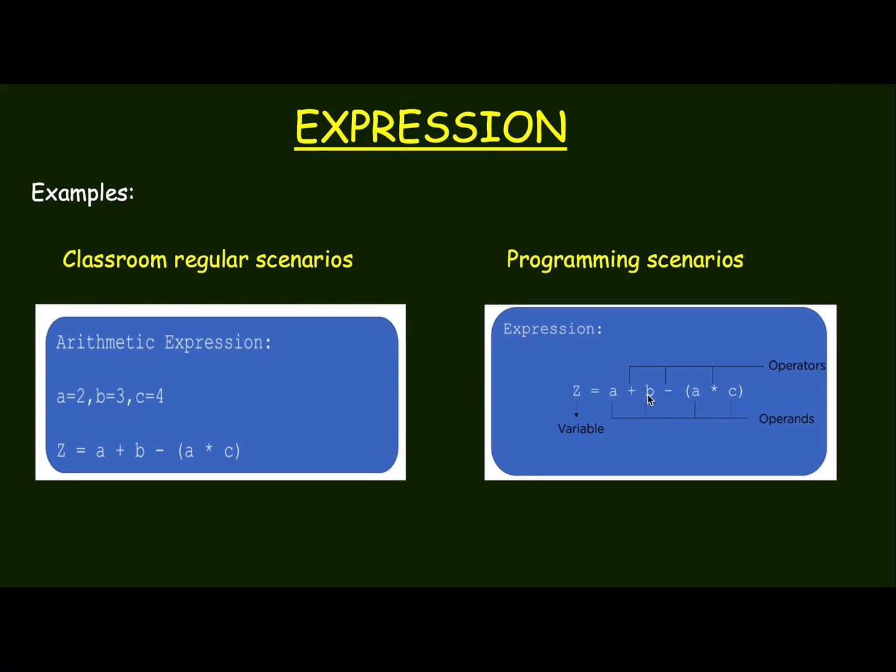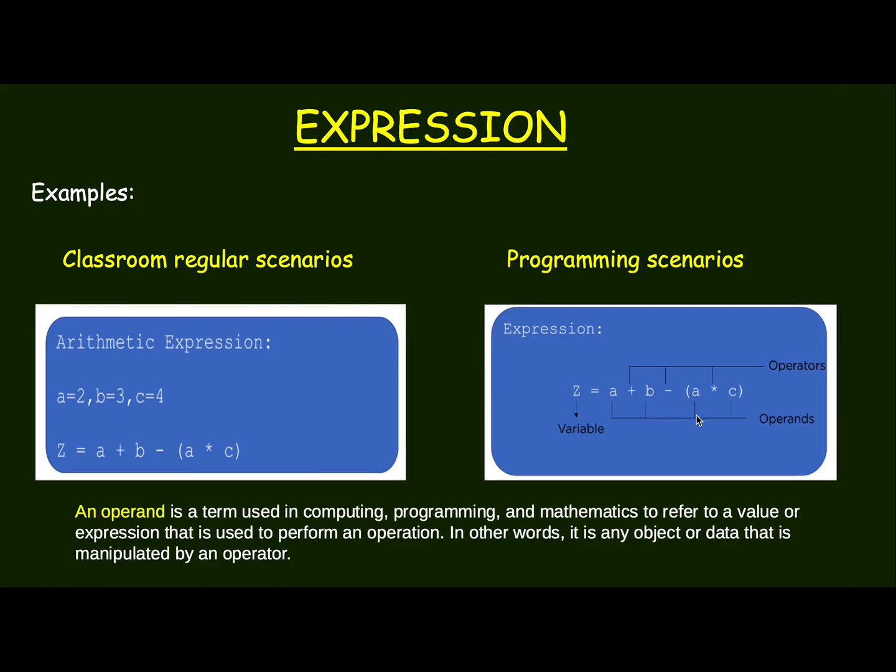The operands are the letters that we are seeing, and they can be manipulated by the operators, which are addition, minus, and multiplication. So we have the addition, minus, and multiplication as the operators, then we have the operands as the alphabets.